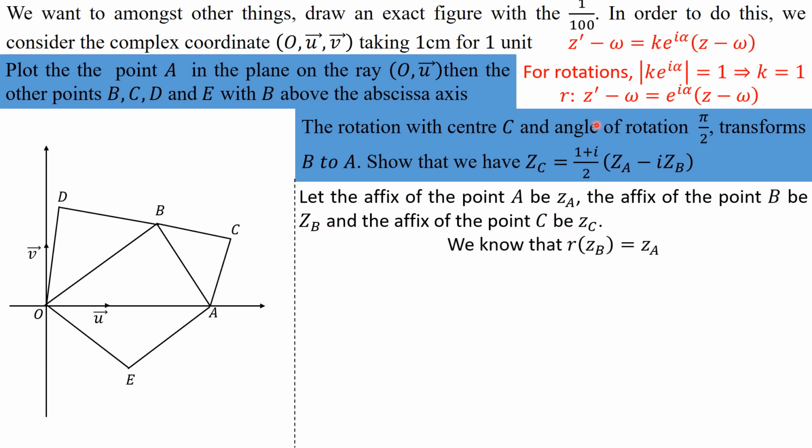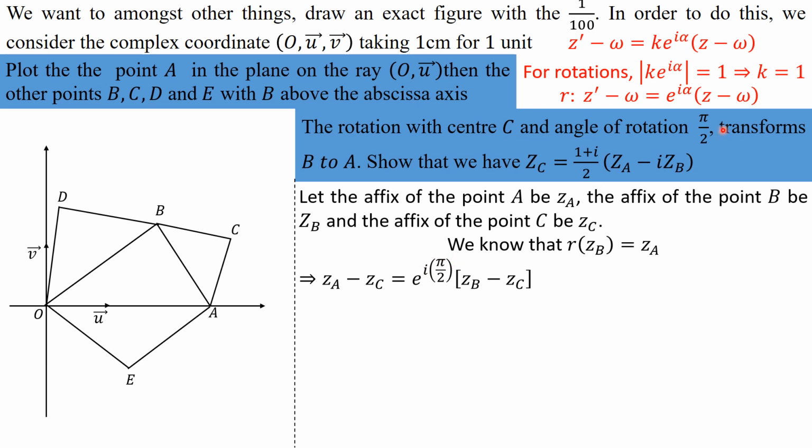Now according to this information, if I take the point B, if I take the arrow of ZB, I'm going to get ZA. So ZA is the image, since B is being transformed to A. So in the place of Z prime, I'm going to represent the affix of the image, which is ZA. In the place of omega, I'm going to represent the affix of the center, which is ZC, since C is the center.